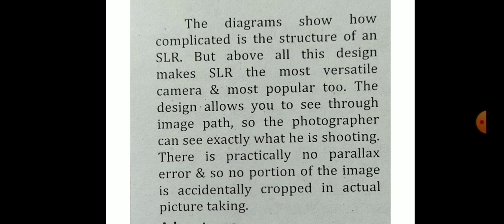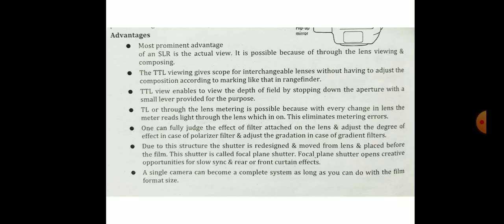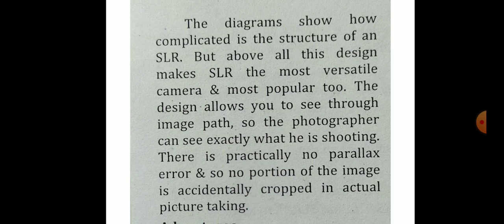So today we discussed the setup and the anatomy of the SLR camera, then the advantages and disadvantages of the rangefinder camera, what a rangefinder camera is, what parallax error is, and the functioning of a pentaprism and a mirror. We will continue in the next lecture.